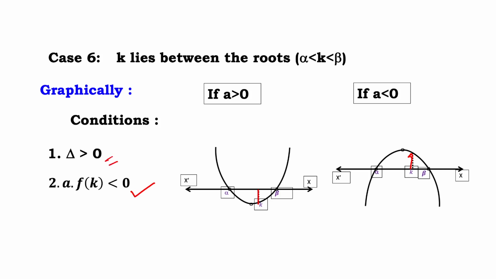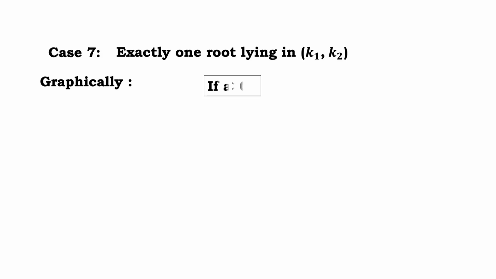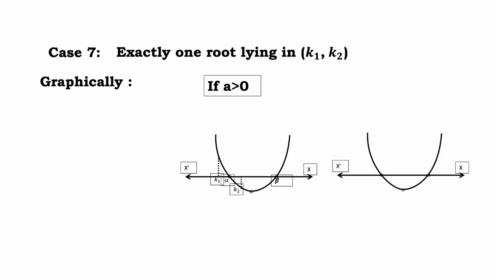But remember this, right? The next case: exactly one root is lying between k1 and k2. A beautiful example of this, right? One is k1, the other is k2. Let alpha be lying between k1 and k2 in the first case, and in the second case, let beta be lying between the roots.